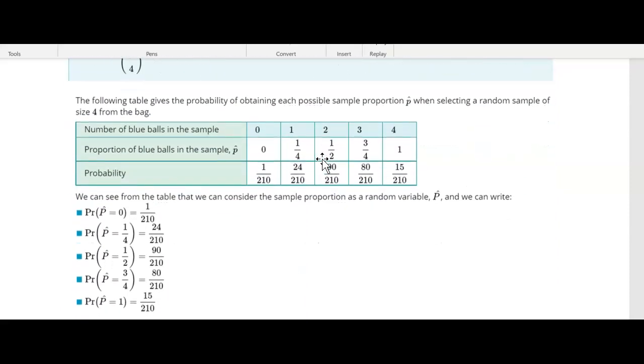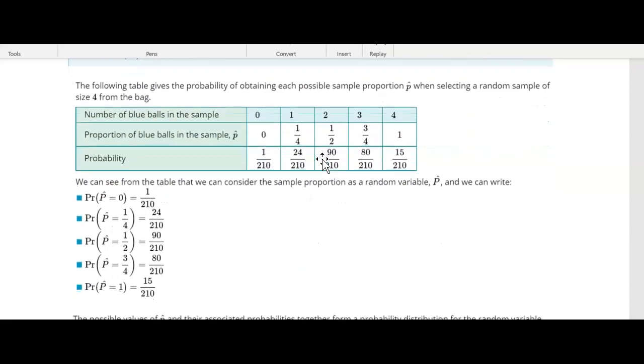All right. So the following table gives the probability of obtaining each possible sample proportion when selecting a random sample of size 4 from the bag. So number of blue balls in the sample, we can have 0, 1, 2, 3, or 4. So you can have no blue balls, 1 blue ball, 2 blue balls, 3 blue balls, 4 blue balls.